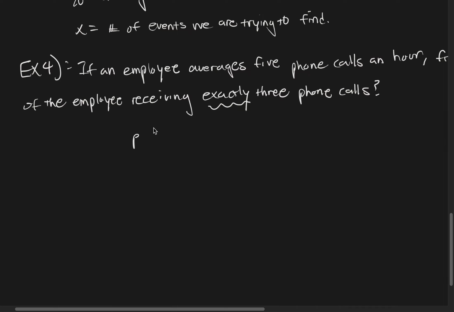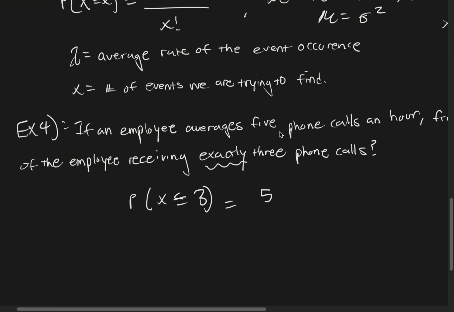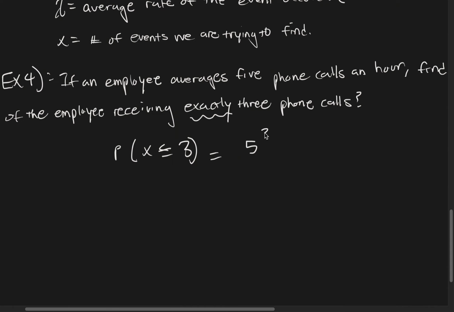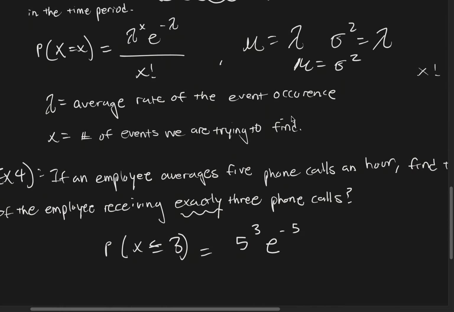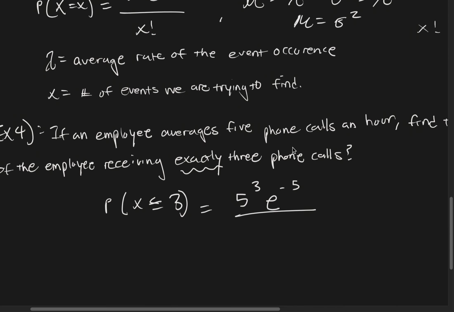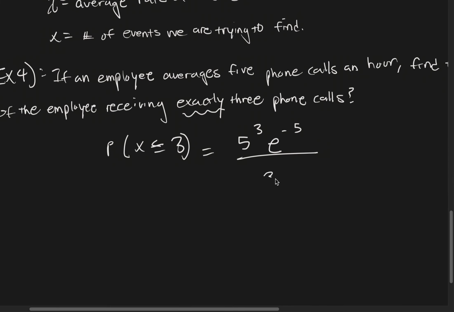All right, the probability of an employee receiving exactly 3 phone calls is given by 5, so the average rate of occurrence, to the power of 3, the number of occurrences we're trying to find, times e to the power of minus 5. So lambda stays consistent, all over the x factorial. Again, x is given by 3.